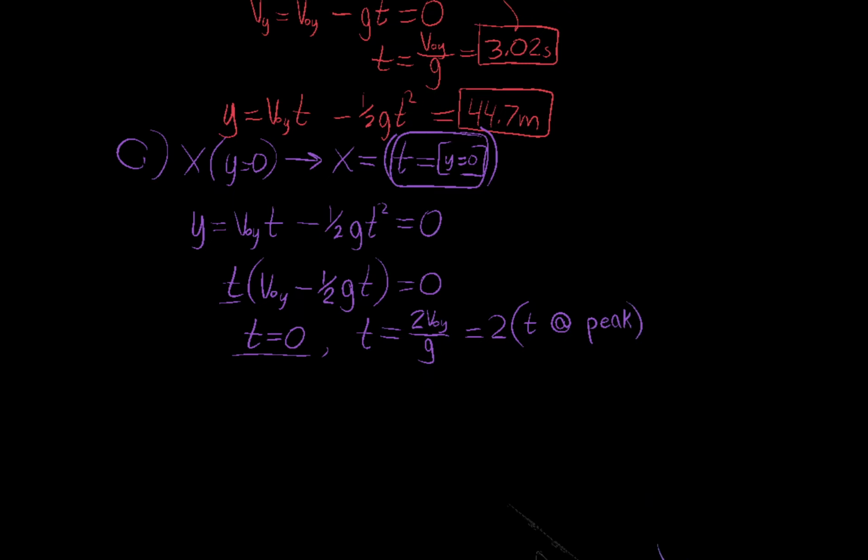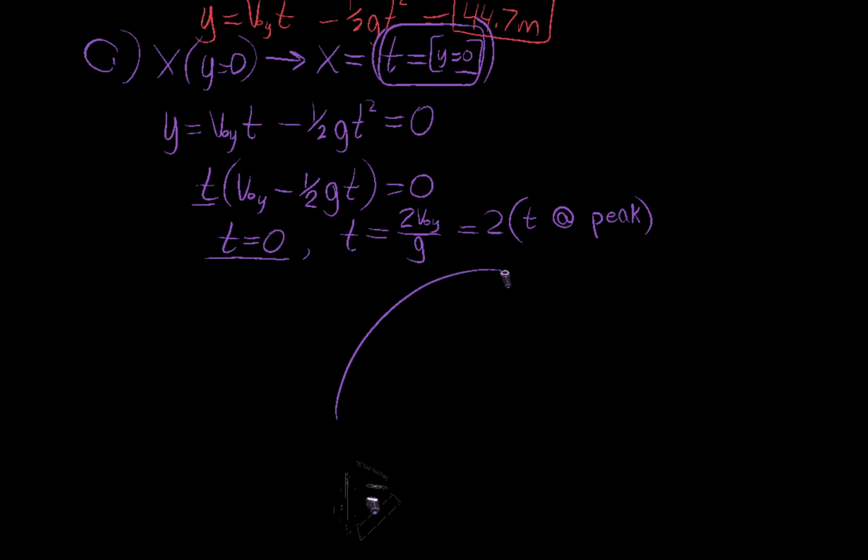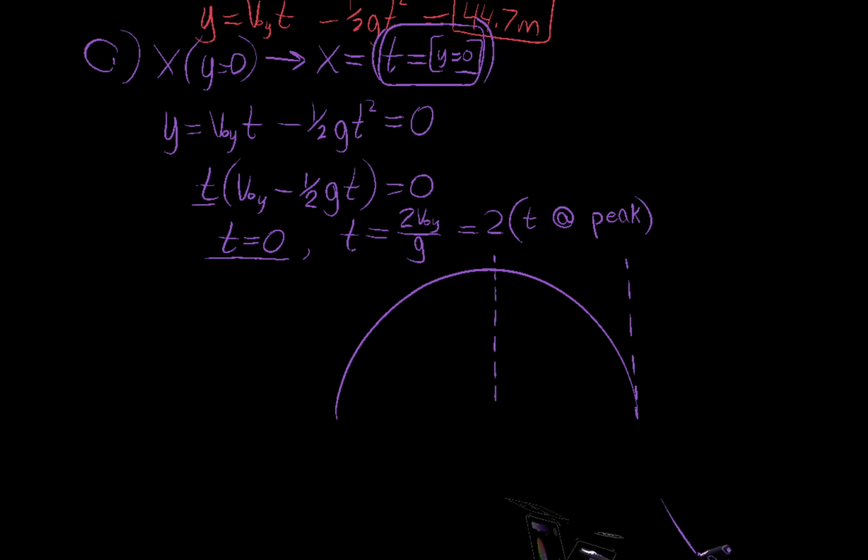Which is an interesting thing of trajectories. So in a trajectory path, this point is half of this point, right?